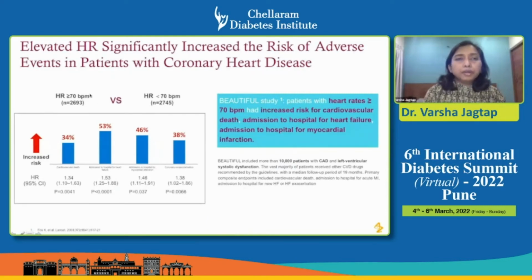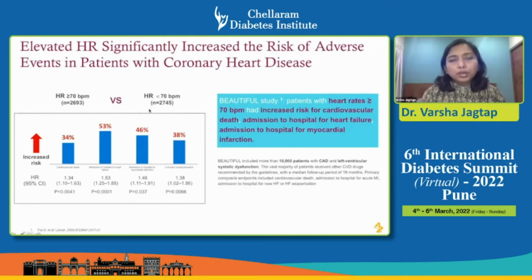So in this particular study, called the BEAUTIFUL study, there were two subgroups of patients. One in whom the heart rate was more than 70 beats per minute, and the other subgroup where the heart rate was less than 70 beats per minute.